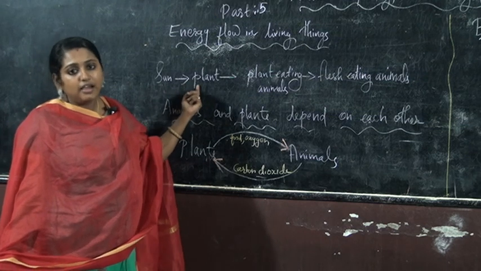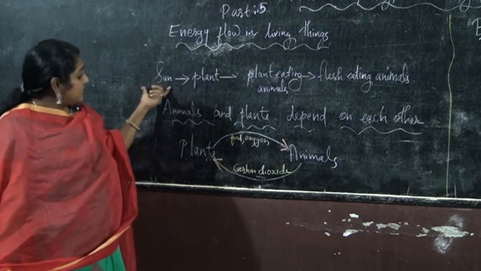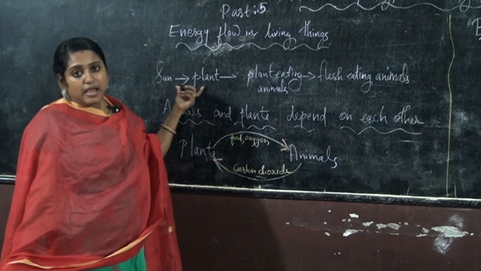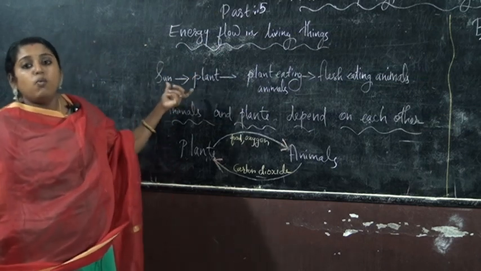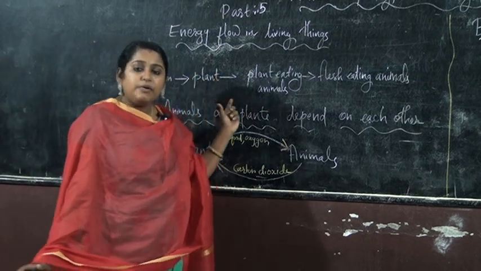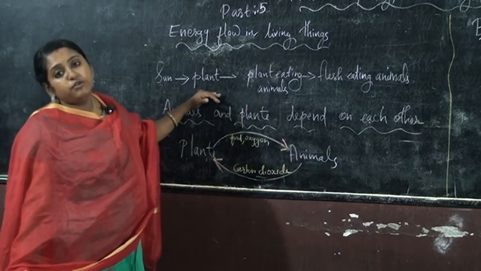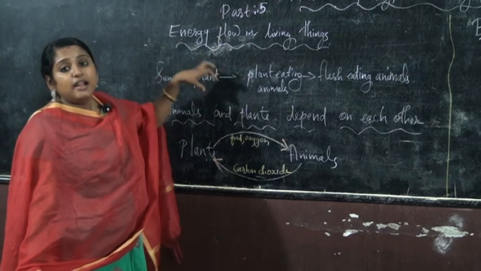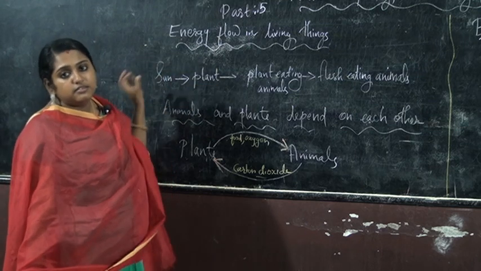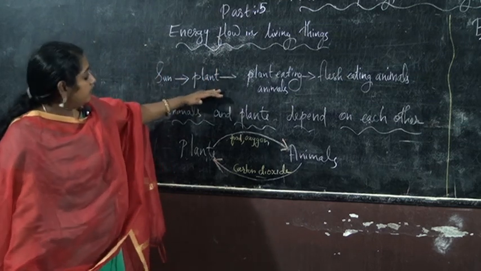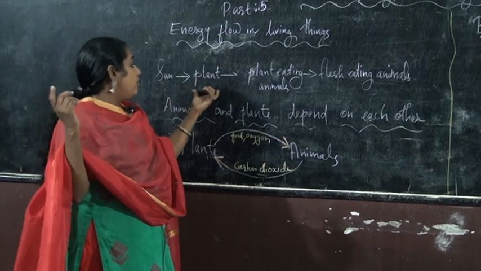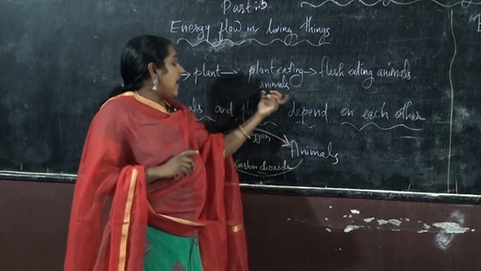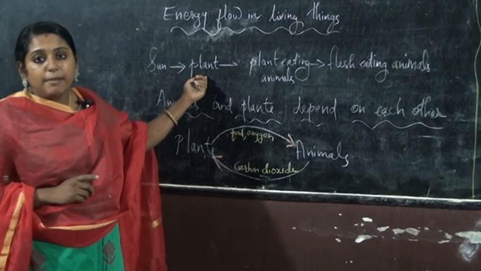We know where they take carbon dioxide from. In the presence of sunlight, green plants use water and carbon dioxide to prepare their food in their leaves. So the sun's energy is transferred into food. Clear?